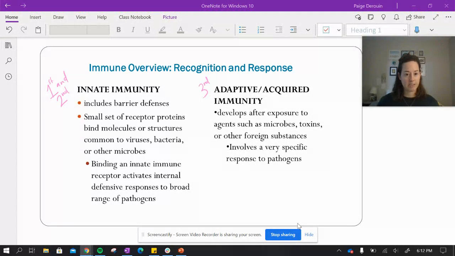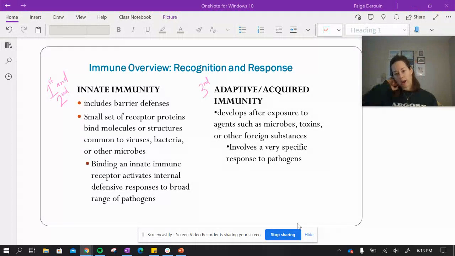They're going to be nonspecific, and they're going to involve receptor proteins and bind molecules that are specific to any pathogen. Their job is just to recognize things that aren't supposed to be there. And it will have a big range of effects regardless of what pathogen it is.